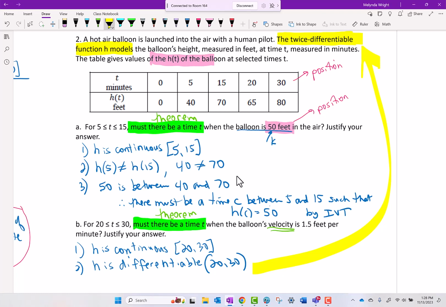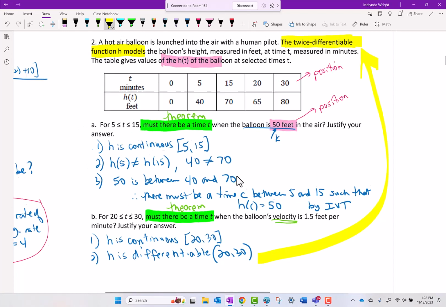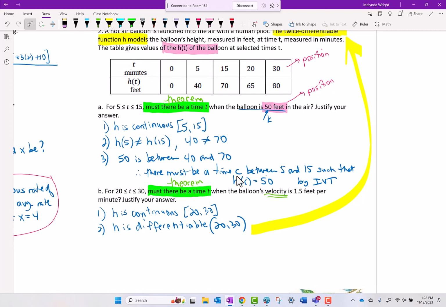Okay, so we can use mean value theorem, but what's the deal with the 1.5? I need to figure out where that comes from. I need this slope of the secant to equal the derivative somewhere. So I'm going to have to find the slope of the secant between 20 and 30. That's what I need to find. So we're going to do h of 30 minus h of 20 over 30 minus 20. We're finding our average rate of change, because that's what mean value theorem does.